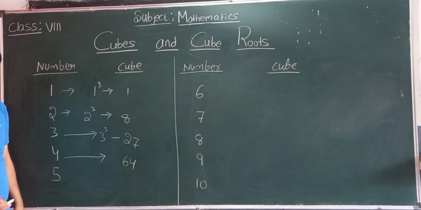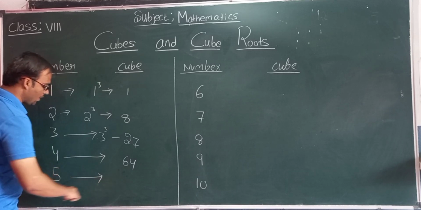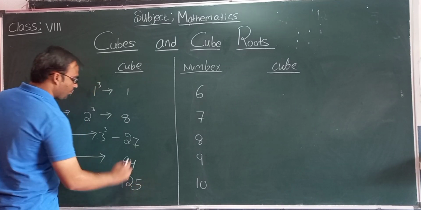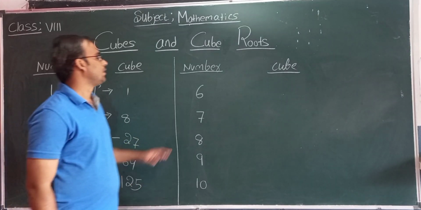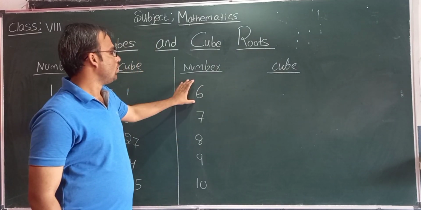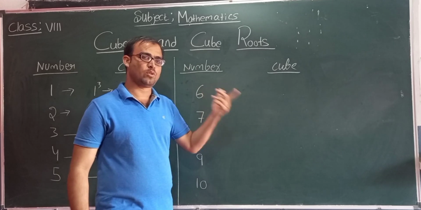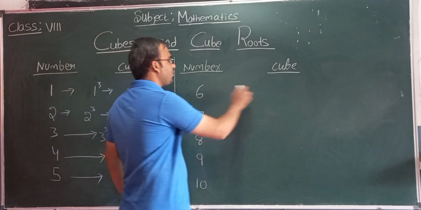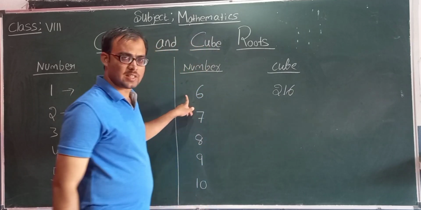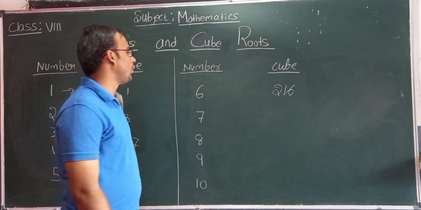That is 4 fours are 16, 16 fours are 64. The value of 5 cube is 125. And the value of 6 cube: the number is 6, so when we multiply 6 three times, the value of 6 cube is 216. Because 6 sixes are 36, 36 sixes are 216.